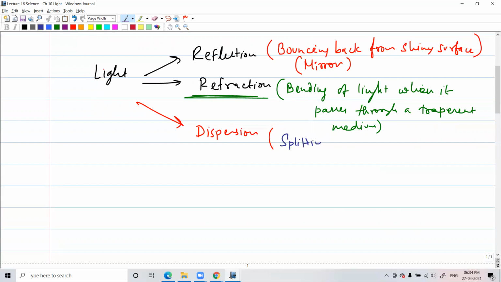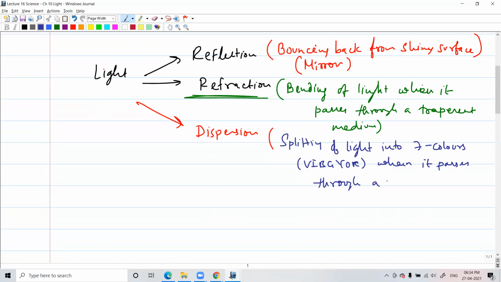So we can say that splitting up of light into 7 colors, what are those 7 colors? VIBGYOR. Violet, indigo, blue, green, yellow, orange, red, when the light passes through a prism. So that is your dispersion.